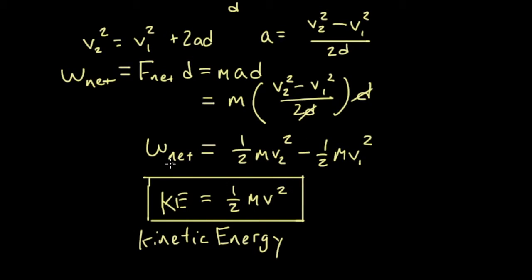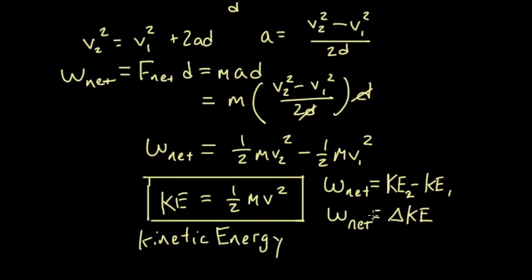So how do we relate this to this? So we have kinetic energy terms here. Well, the work is actually the change in this kinetic energy. So we can write the net work here as KE2 minus KE1, so it equals the change in kinetic energy.